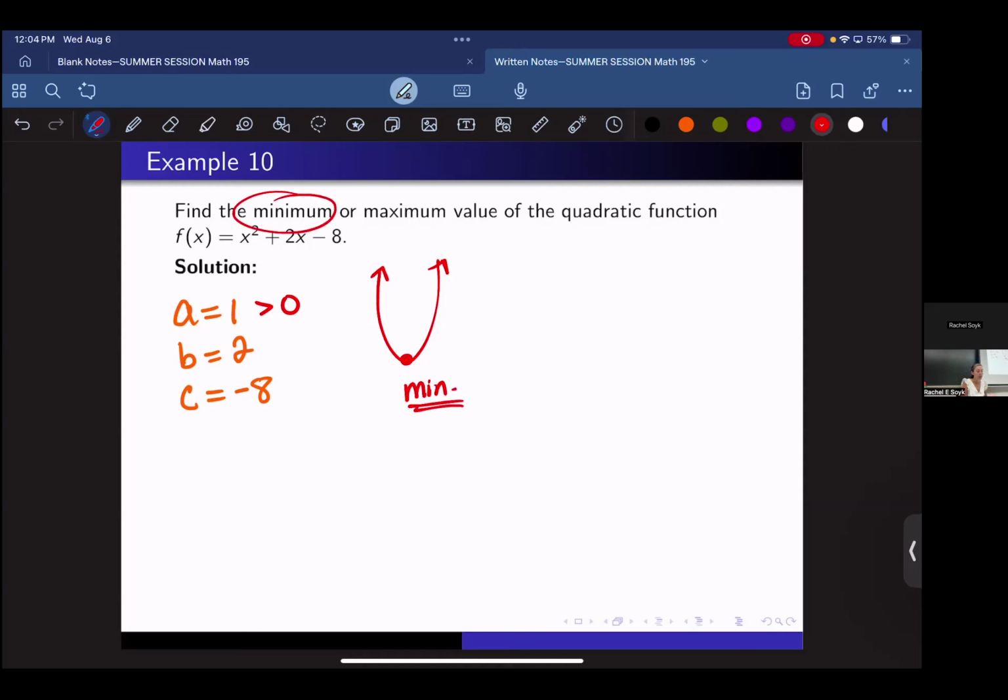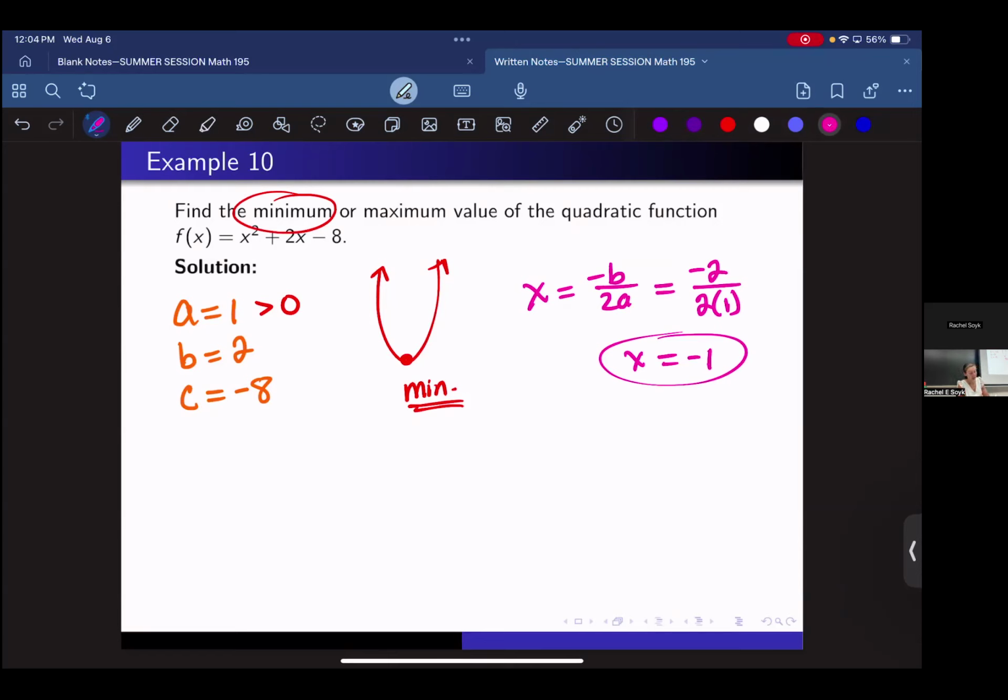And now we want to use that B value and the A in order to determine what's that exact point, utilizing your axis of symmetry, negative B over 2A. So we get negative 2 over 2 times 1, which just gives us our axis of symmetry to be negative 1.